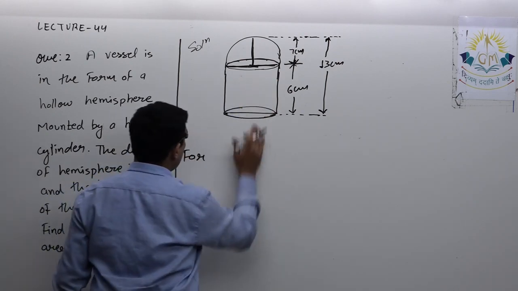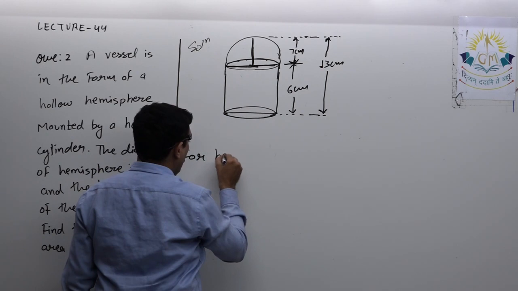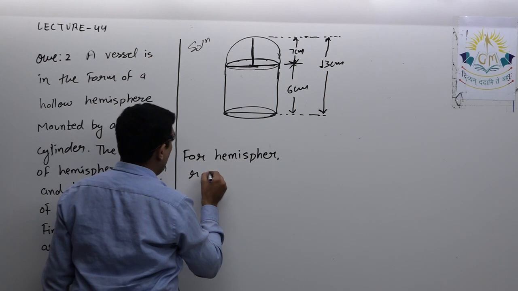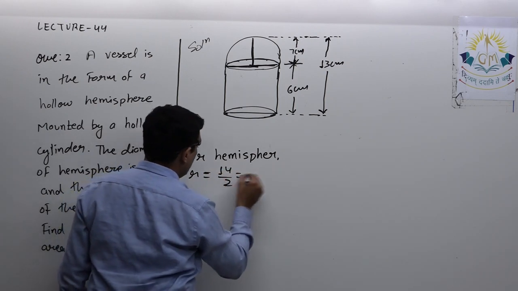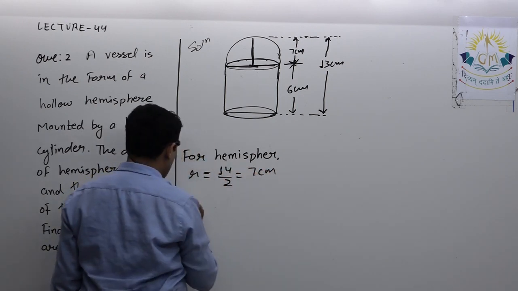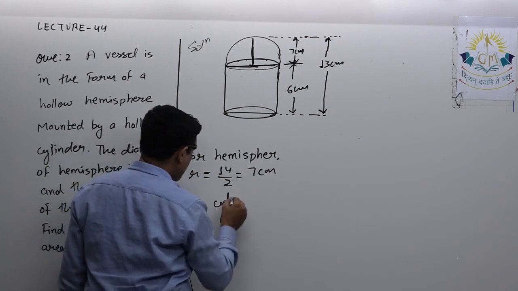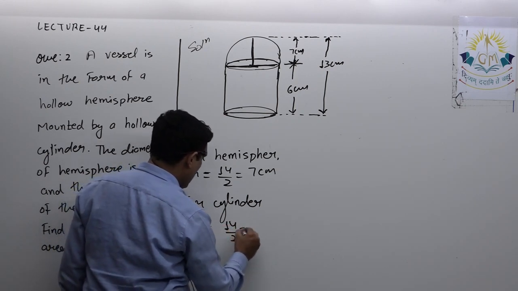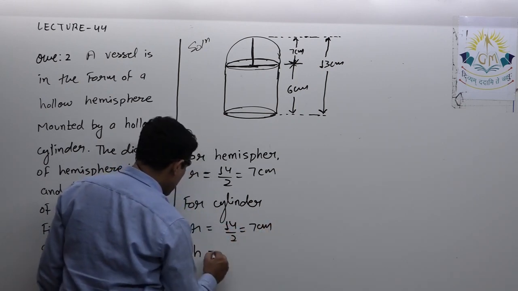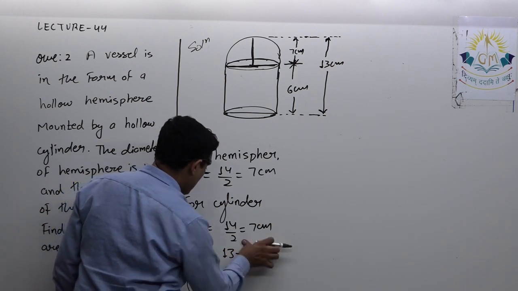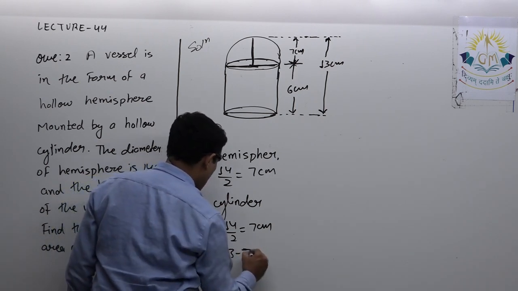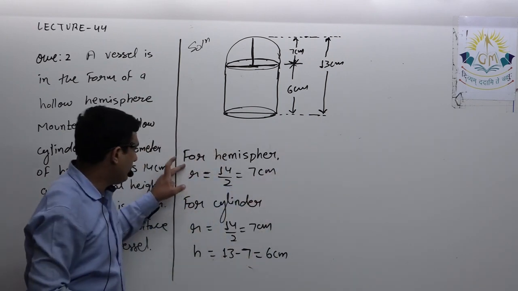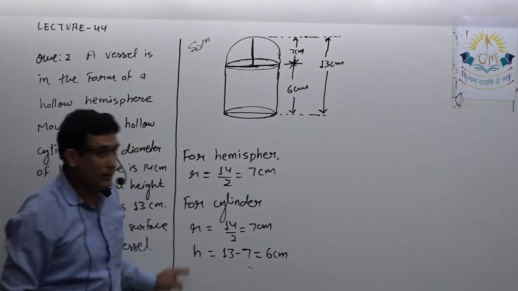For the hemisphere, r is equal to 14 by 2, that is 7 centimeters. For the cylinder, r is again 14 by 2, that is 7 centimeters, and h is equal to 13 minus 7, that is 6 centimeters. So we got the radius for the hemisphere, and for the cylinder we got radius and height.